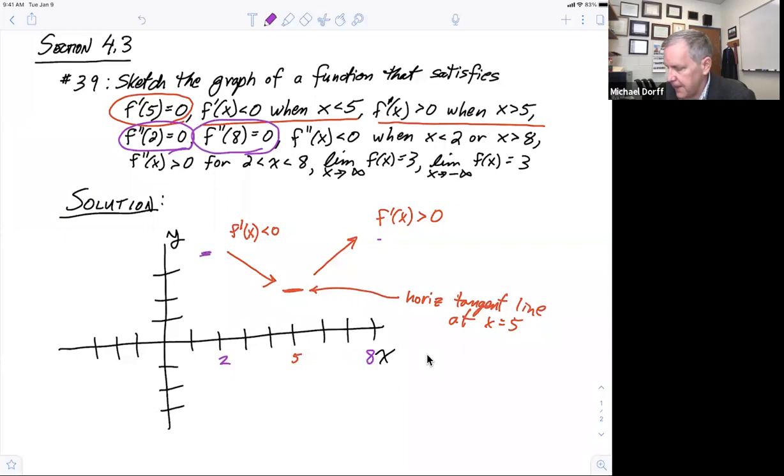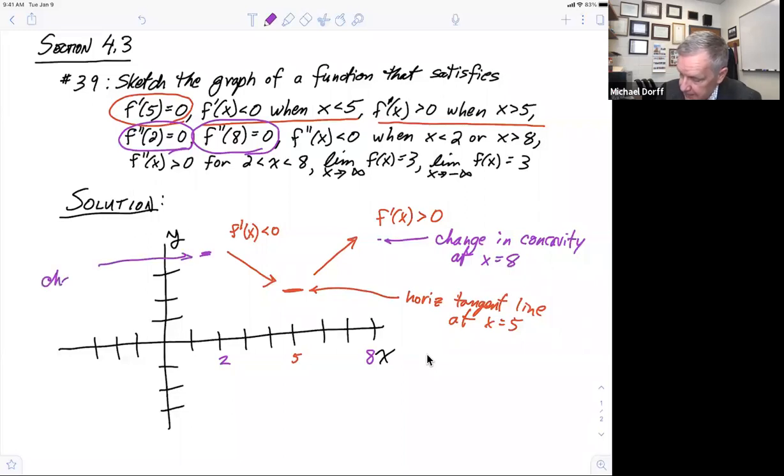It doesn't mean I'm going to have a flat horizontal line, but this is going to be a change in concavity, going between concave up and concave down at x equals 8. And here, going to be a change in concavity at x equals 2. So it's either going to go concave up and then concave down, or concave down and then concave up, most likely.